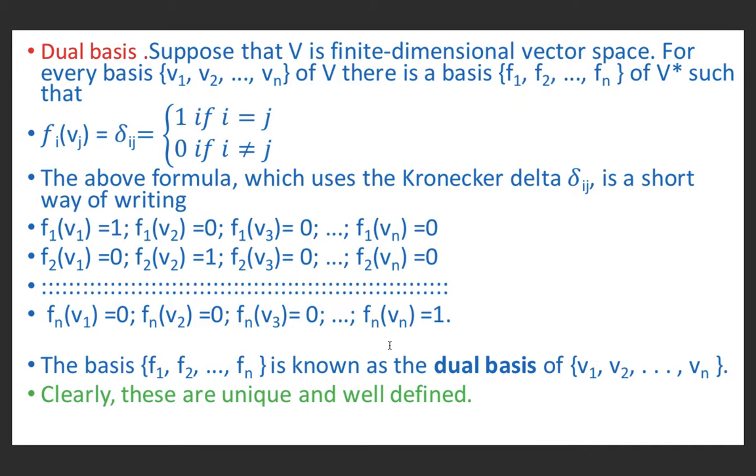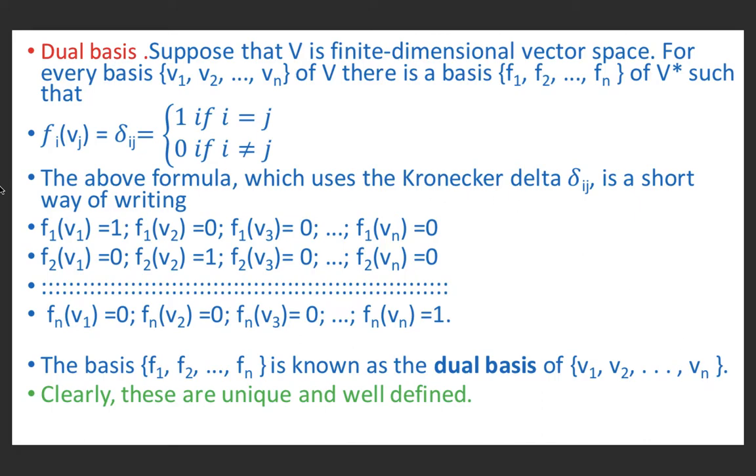So in short we write fi(vj) equal to 1 if i equal to j and 0 if i not equal to j. So this basis set f1, f2, ..., fn is known as the dual basis of v1, v2, ..., vn.